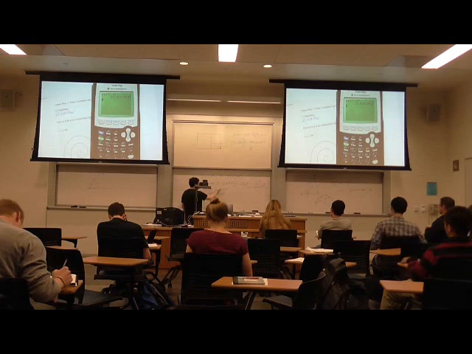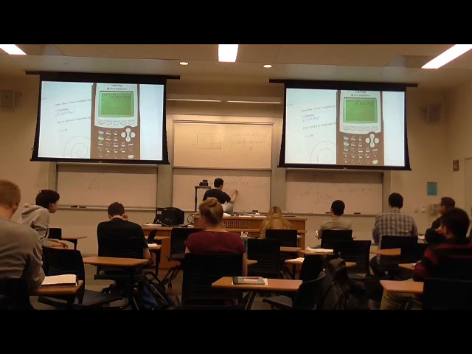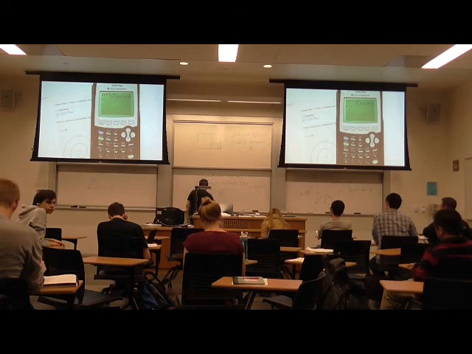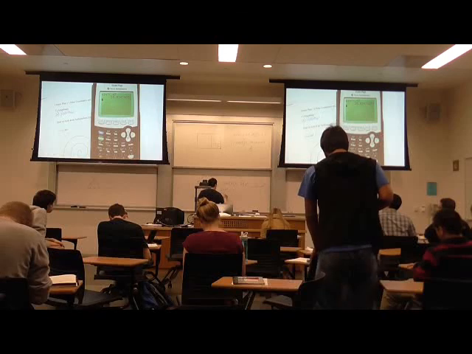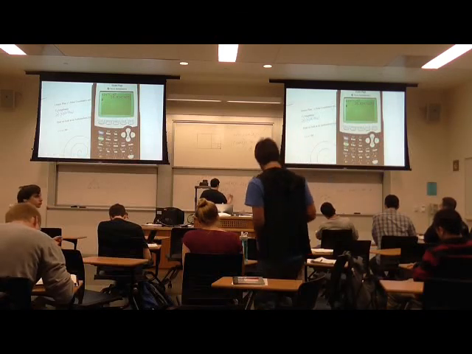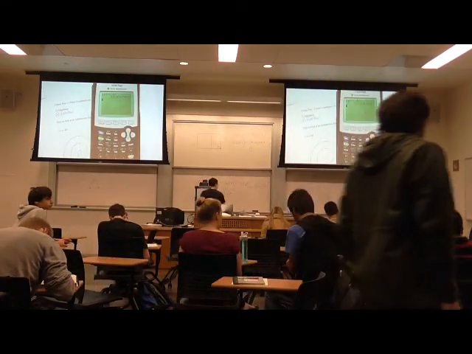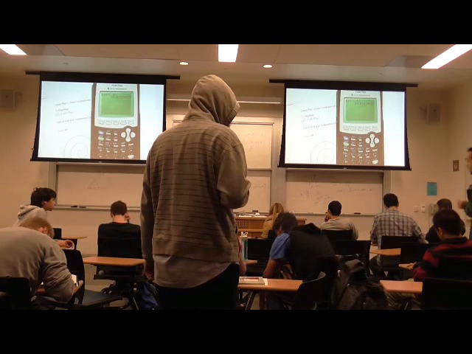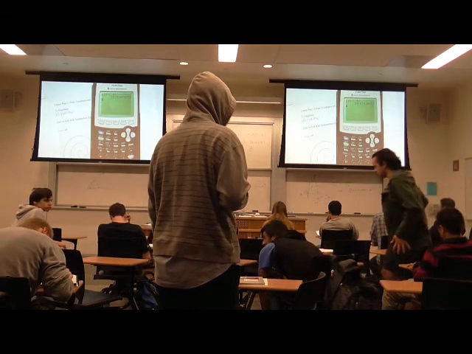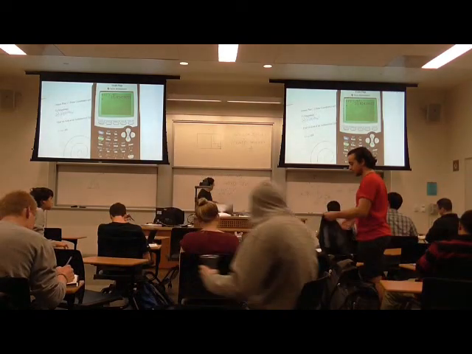So again, 5 theta could be 152 degrees. Divided by 5, this one's about 5.6 degrees, and 152 divided by 5 is about 30.4 degrees.